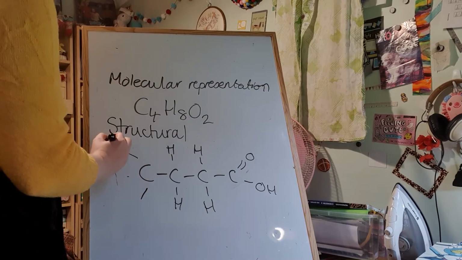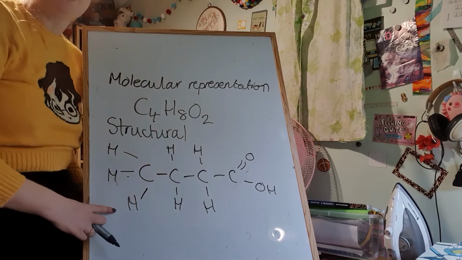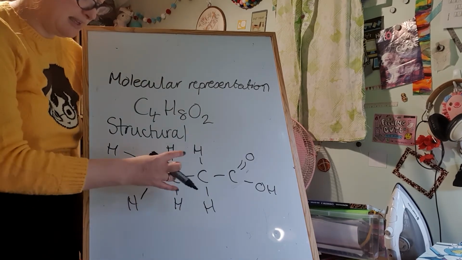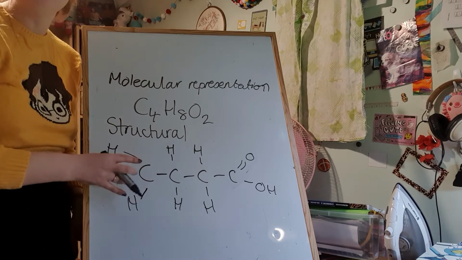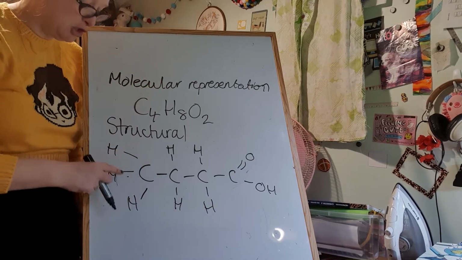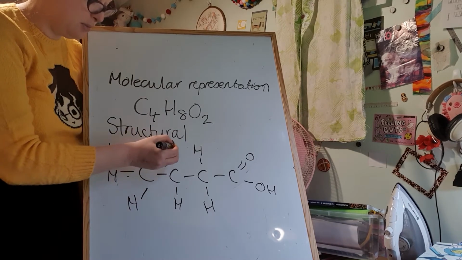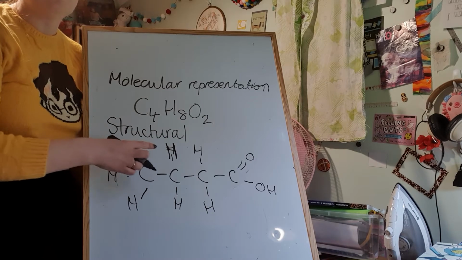But I don't like that one. I think it gets messy after a while and looks a bit weird. The book and Ed Rollo and Vicar seem to show them just like this, and I think this is fine, otherwise you get confused with where you are. So this is our structural.